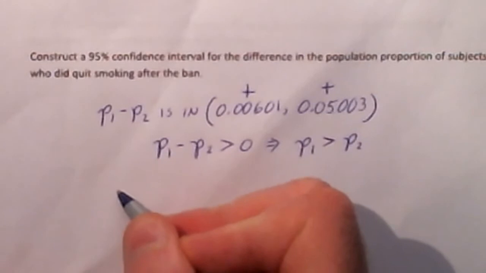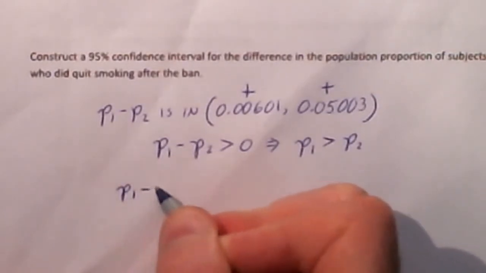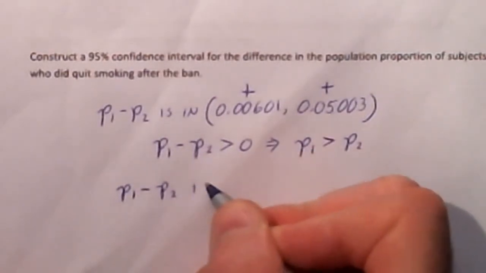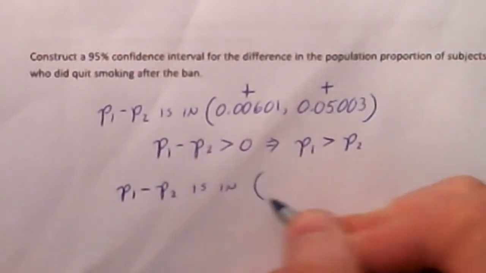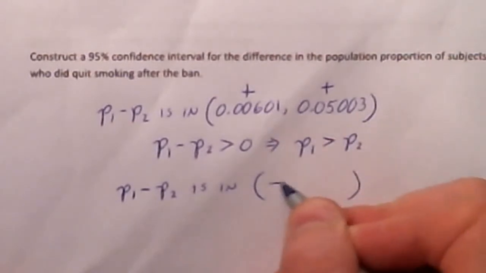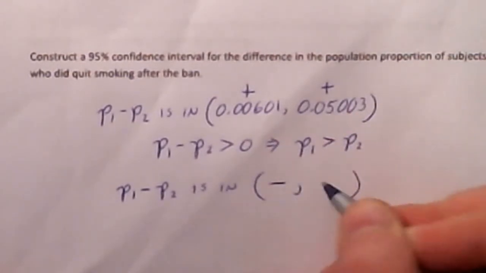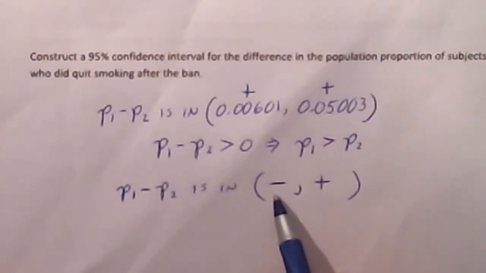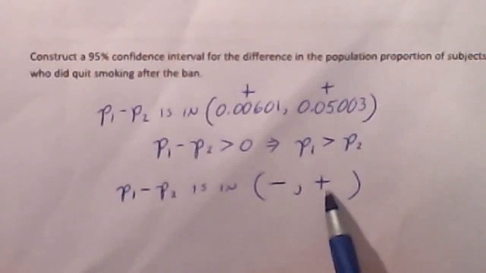Now, if we built a 95% confidence interval for the difference between population proportions, and we found out that the lower end point of the confidence interval is a negative number, and the upper end point is a positive number, then we would say that 0 would be a value that would be found in this confidence interval, since 0 lies between a negative and a positive number on the real number line.